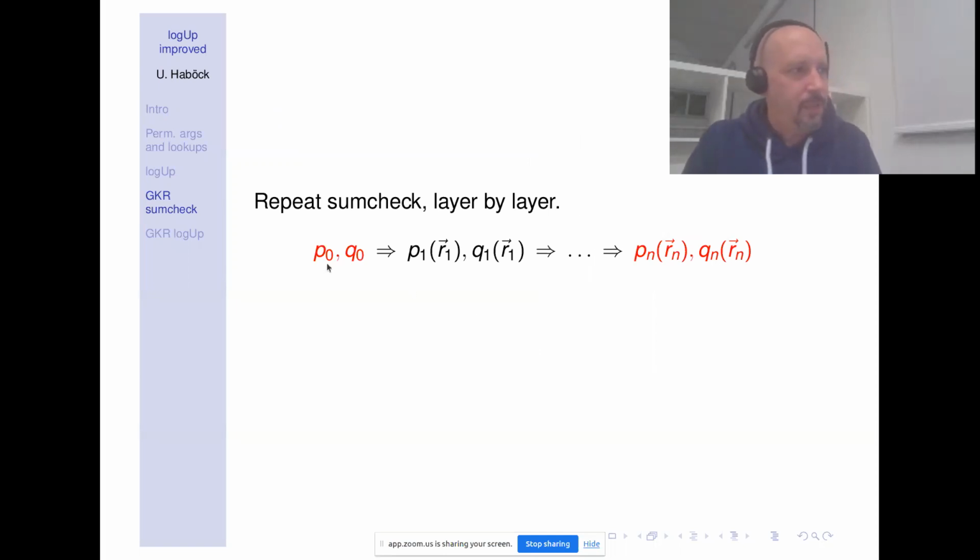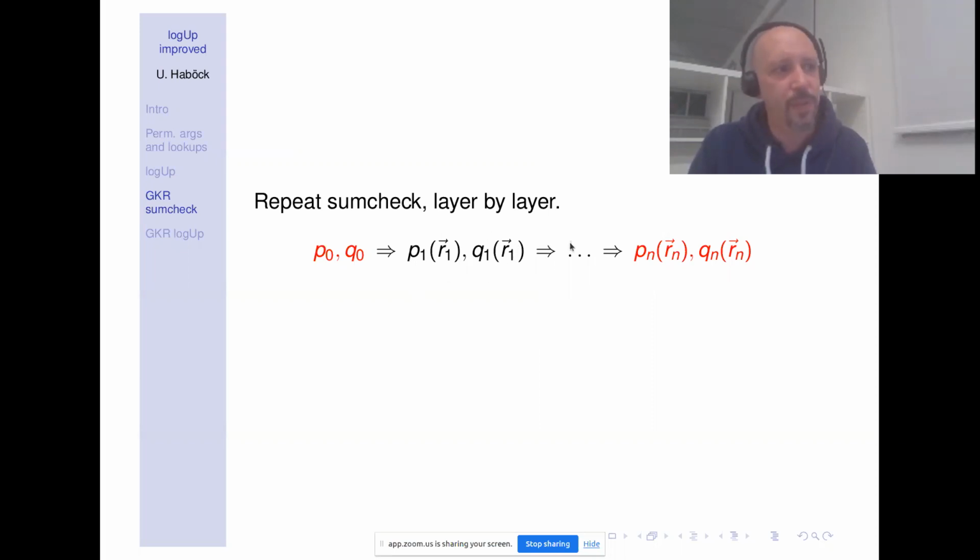So in our setting, you start with the claim and reduce it to a claim on the polynomials of one layer below at a random point. This random point is sampled in the course of the sum check protocol, and so on.